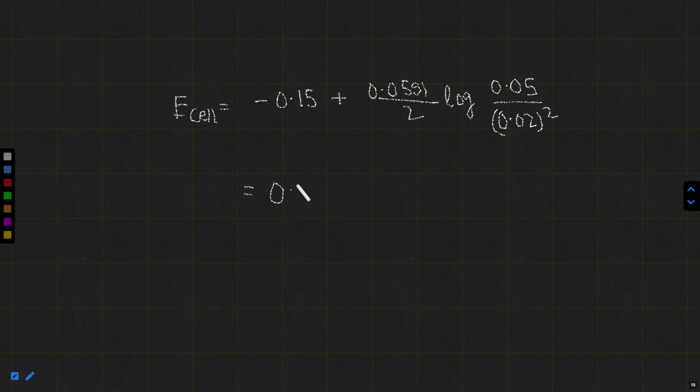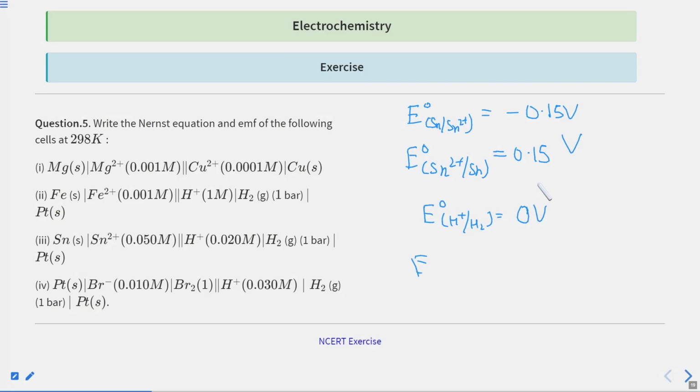So this will give you a total value of plus 0.061, and once we got this, just subtract 0.15. 0.061 minus 0.15 will give you minus 0.089. Is it clear to all of you? Volts. Just remember to write the unit. It is very important.